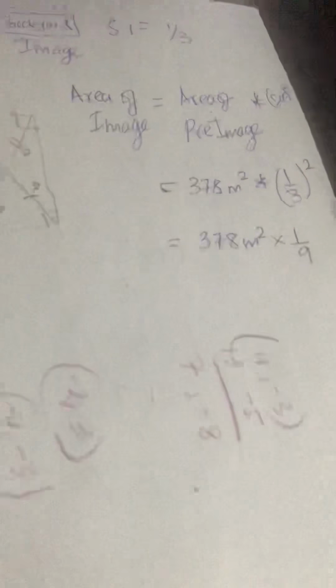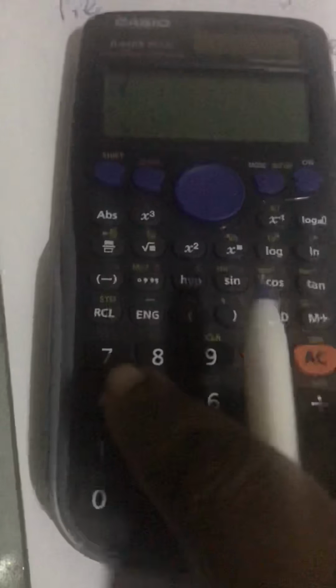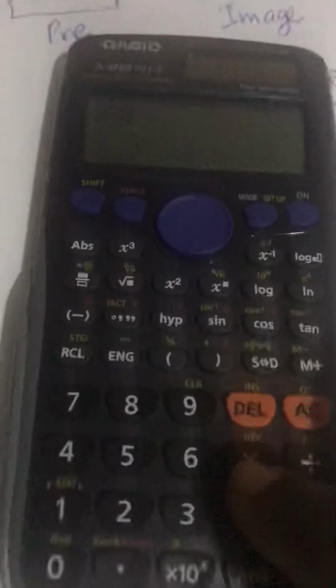That gives me 378 meters squared times 1/9. So then I do that on the calculator. 378 times 1/9 gives us 42.